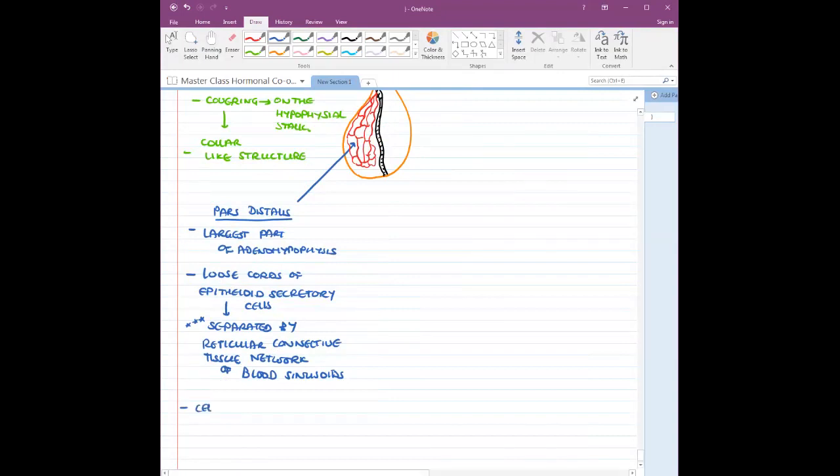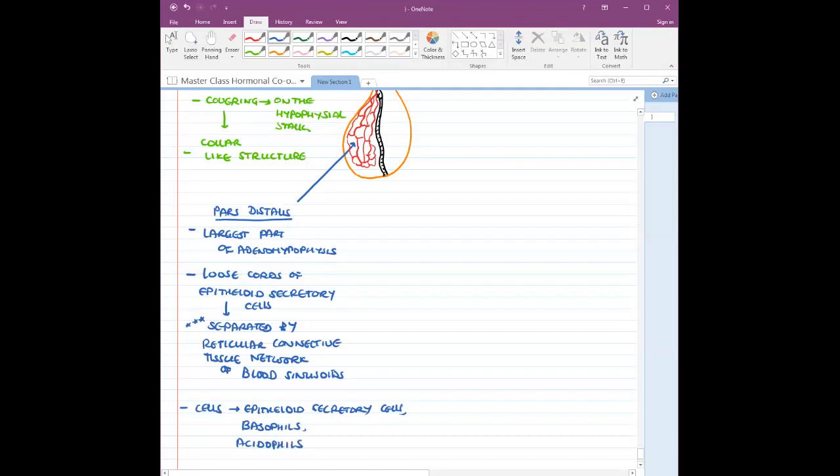So the different types of cells that we are going to encounter: epithelioid secretory cells. Second, we are also going to encounter basophils out over here. We are going to have acidophils, that is your eosinophils, guys.